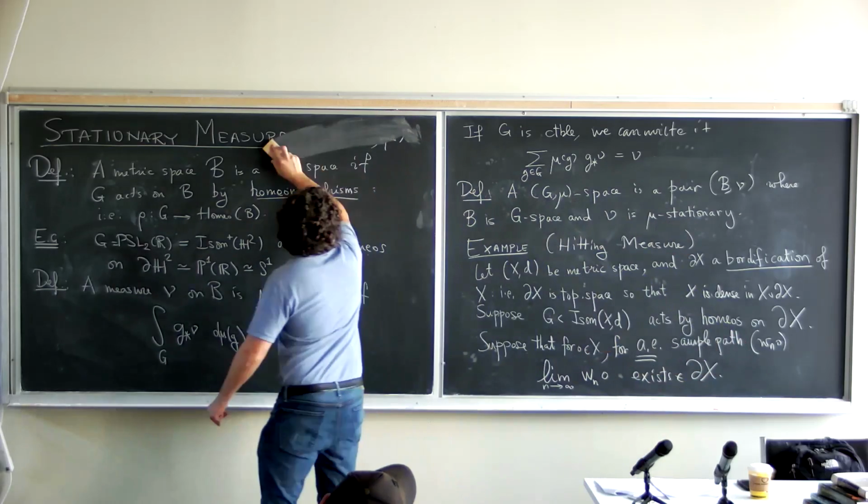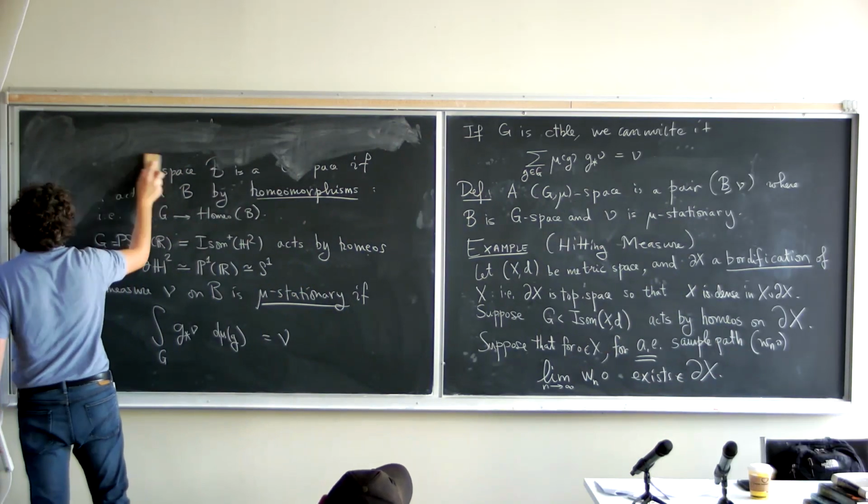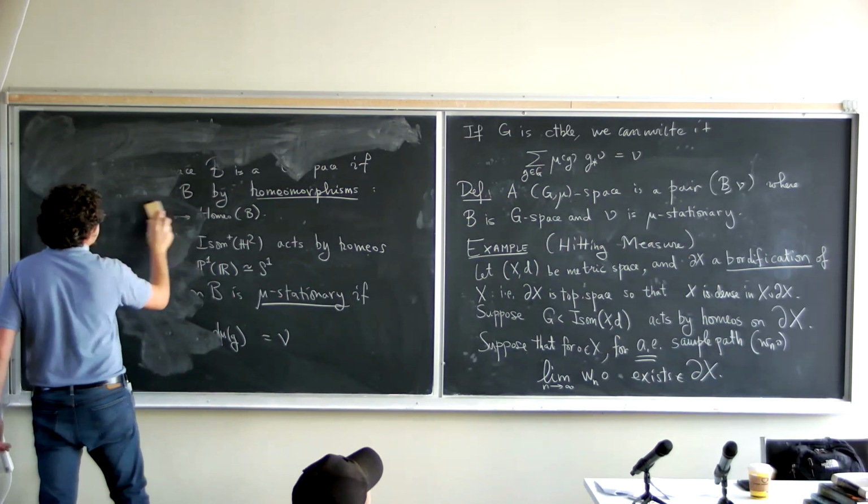If that is the case, then we have a G-mu space. And let's prove that.